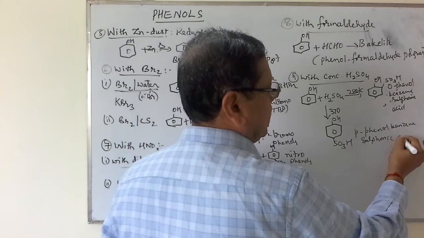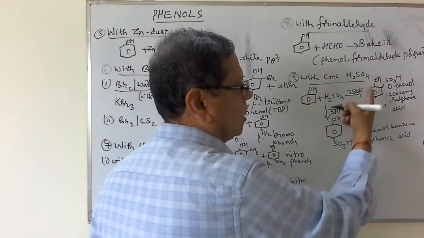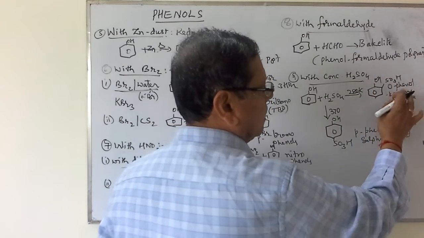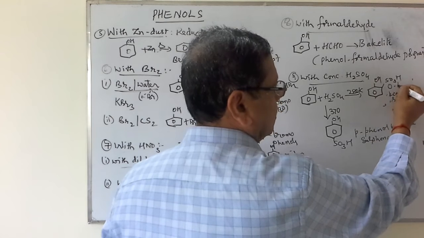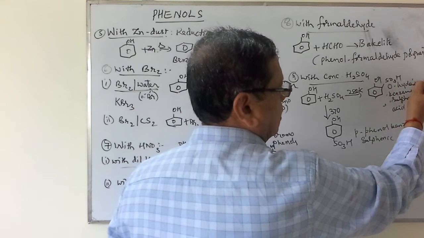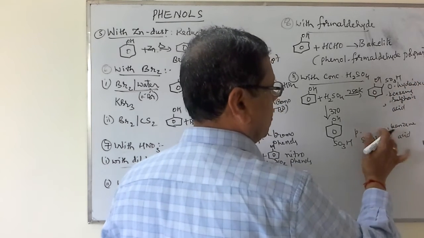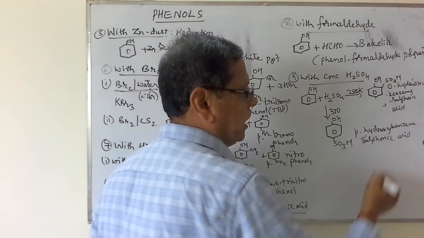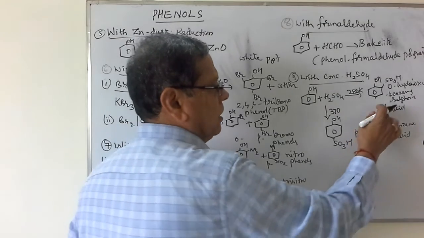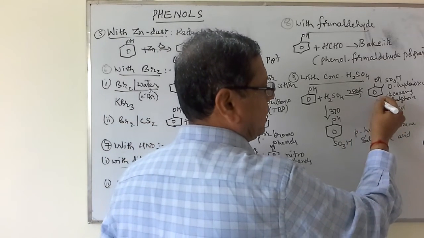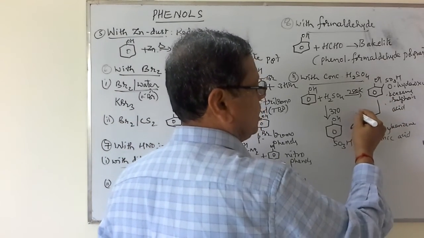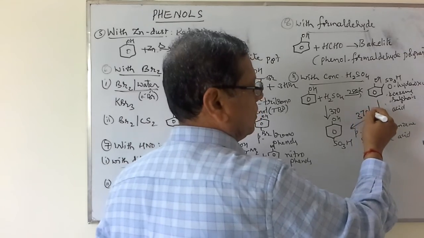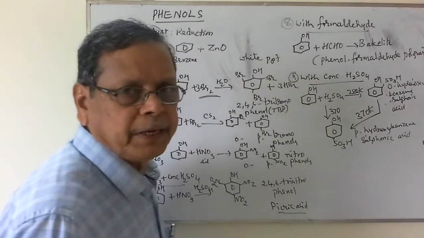We can also name these compounds as ortho-hydroxy benzene sulfonic acid and para-hydroxy benzene sulfonic acid.